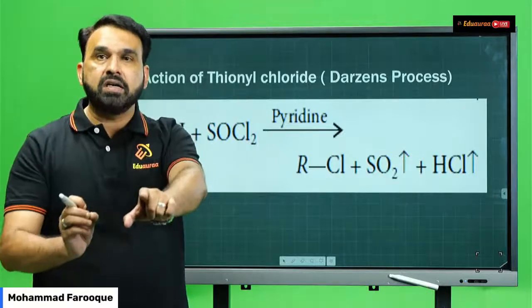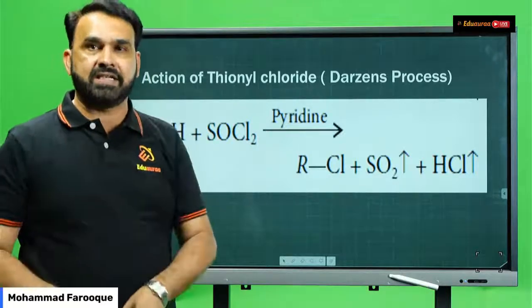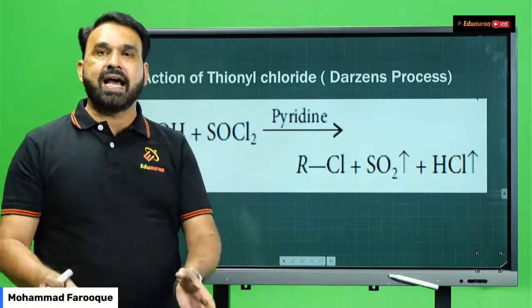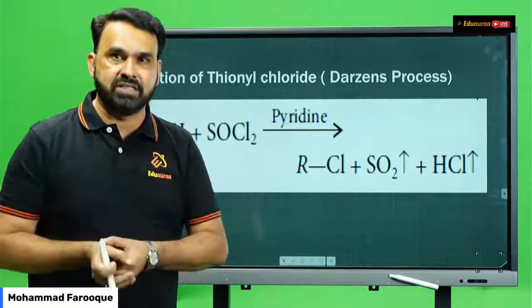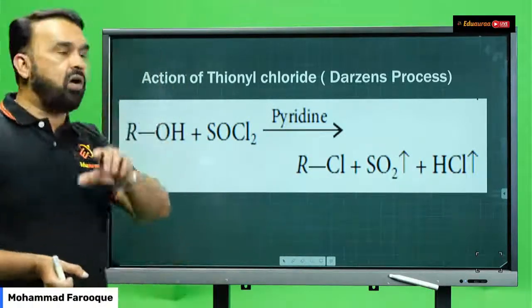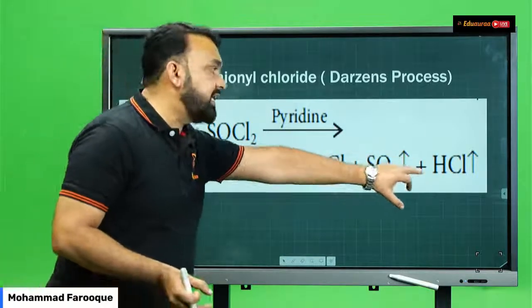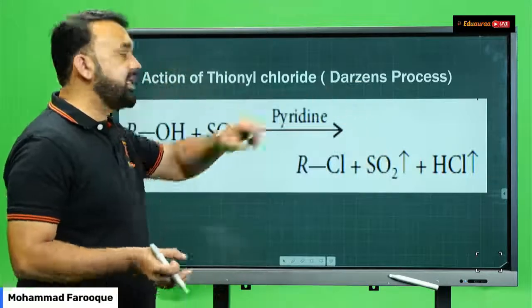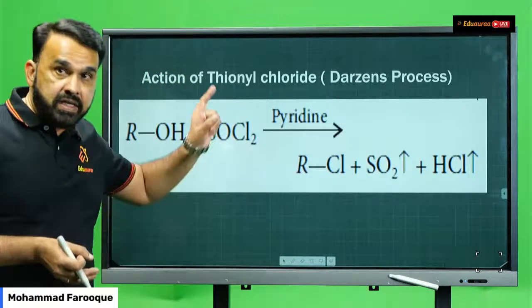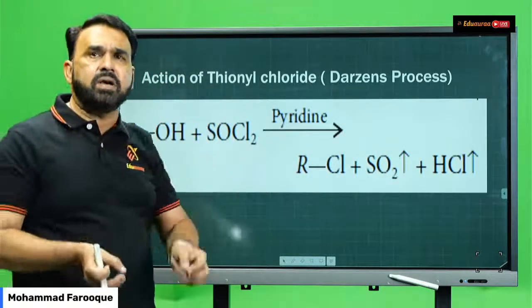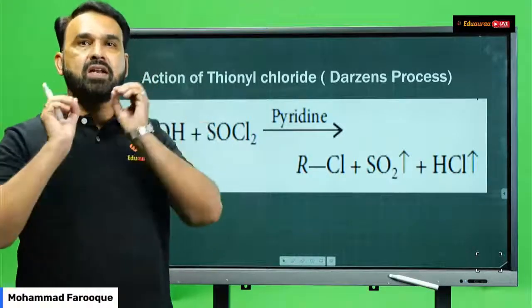And the most important thing in organic chemistry is the name reaction. What they ask you in the exams is mostly the name reactions. So the reaction of an alcohol with thionyl chloride to give you alkyl chloride plus SO2 plus HCl is Darzen's reaction. This reaction is considered to be the best method of preparation of an alkyl chloride.